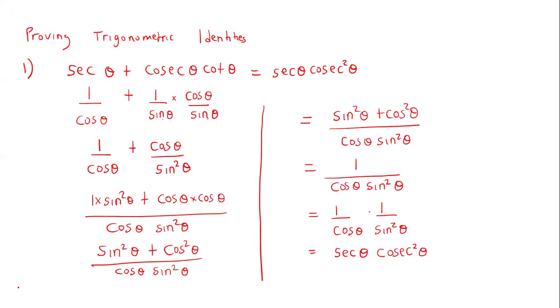Identity. We are going to look at another proof. Now, the second one. When it comes to proving something, I want you to take note that you can come from one side and go to the other side. But always you may find that there is an easier way to reach one side than the other.